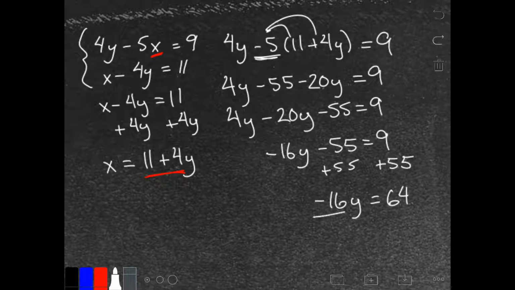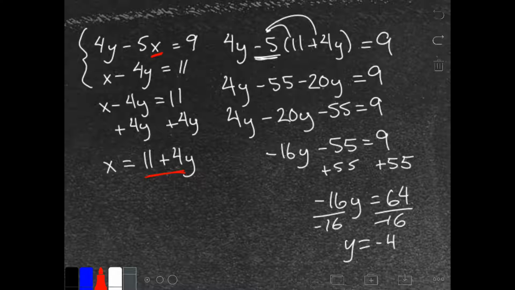And then I want to undo the multiplication by dividing by a negative 16. Well, positive 64 divided by negative 16. Well, a positive divided by a negative gives me a negative. And in this case, negative 4.